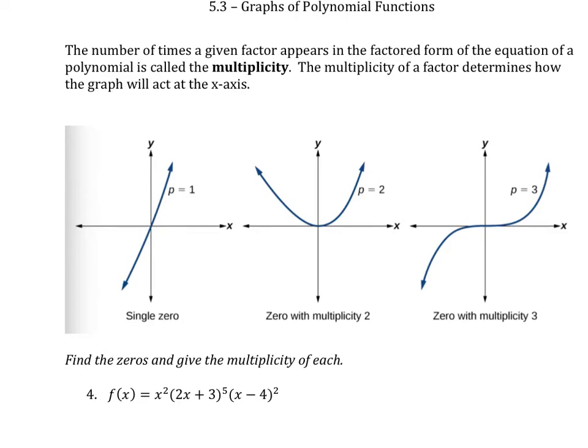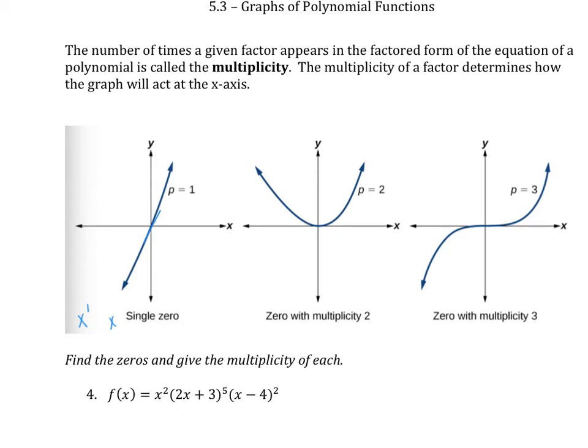So if we look at these examples, if you have a single 0, which means you have something like x to the first, so the exponent is a 1, so really it's just x, right? It crosses directly through the x-axis. It just goes right through it.